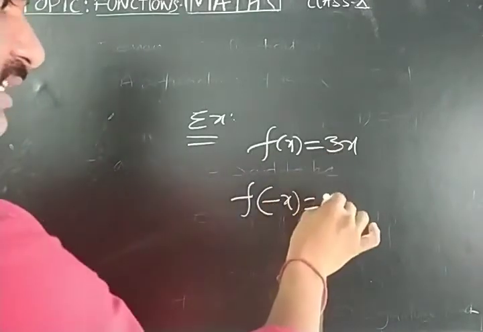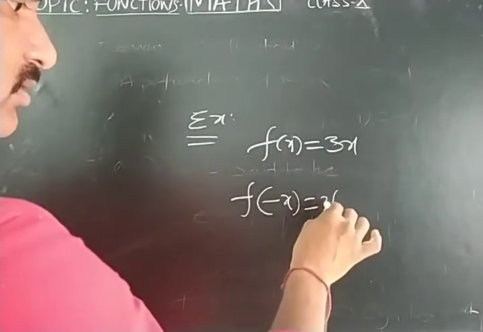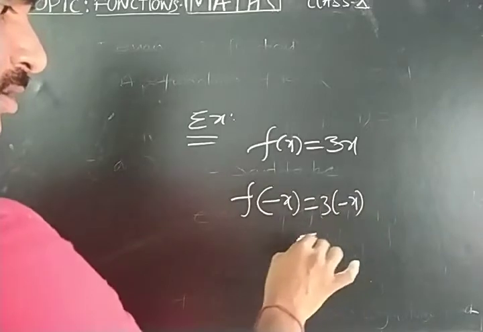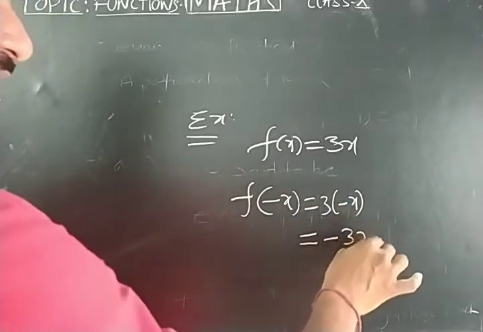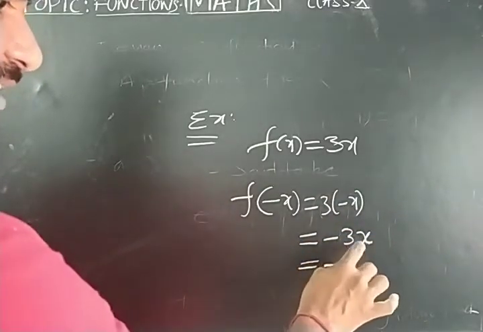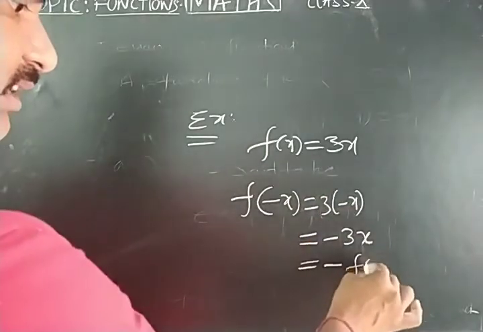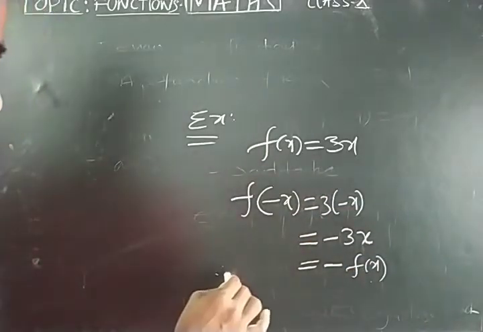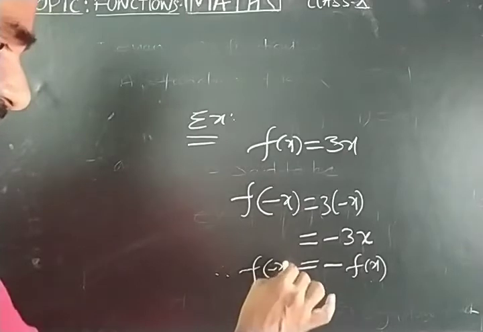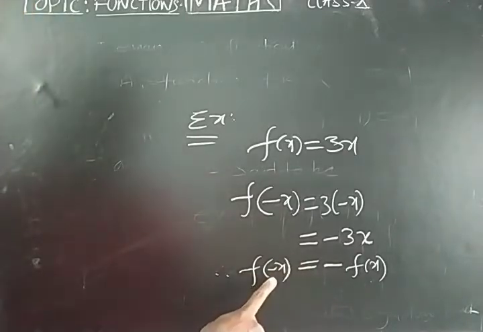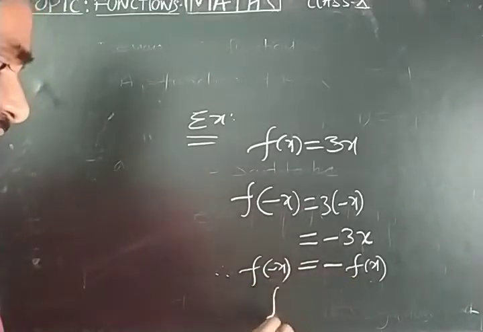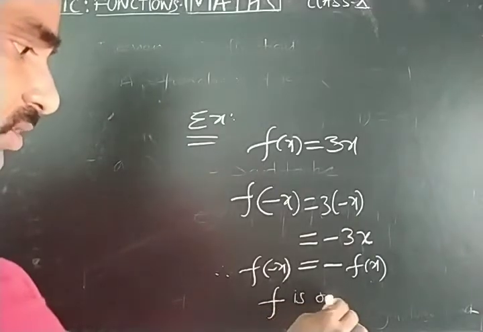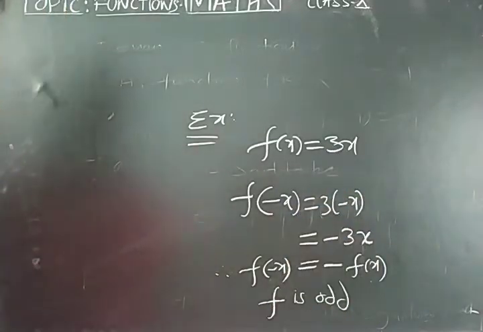By substituting minus here, what will you get? 3 into minus x. By taking a minus common, minus 3x. In place of 3x, can I write f of x again? So what I got? F of minus x equal to minus f of x. If you get f of minus x equal to minus f of x, then we can say f is odd. So this is the example for odd function.